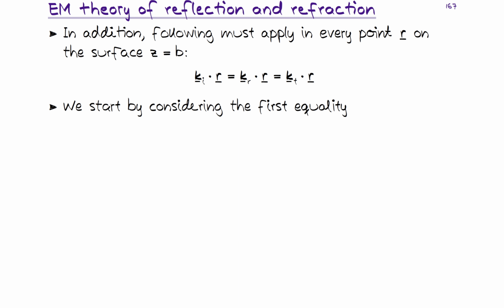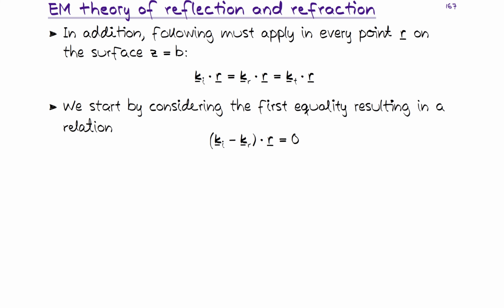And here we have 3 equalities. Let's look at the first equality. It gives us the condition that k_i minus k_r dot product with r must be equal to 0. I'm taking the first equality, moving the right-hand side to the left-hand side and taking r as a common factor, and this is what is left.